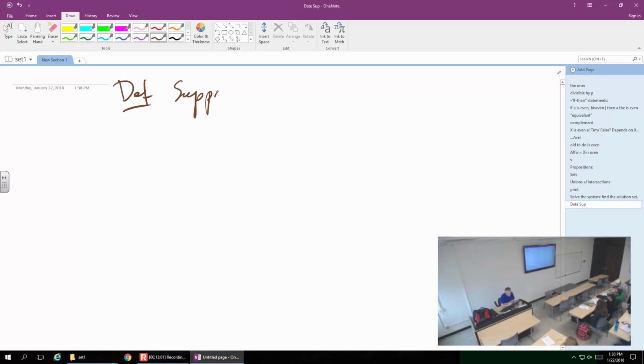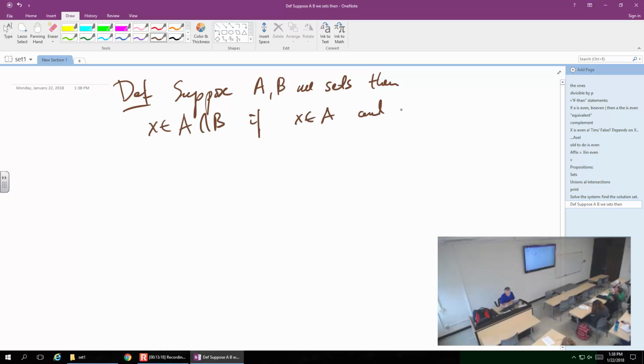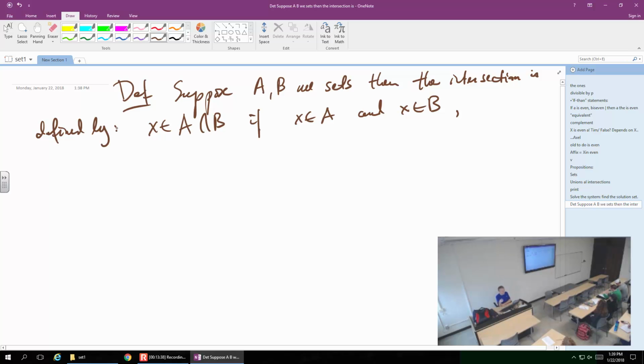So suppose A and B are sets, then x belongs to A intersection B if x belongs to A and x belongs to B. So that's the definition of the intersection: x belongs to the intersection whenever x belongs to A and x belongs to B.